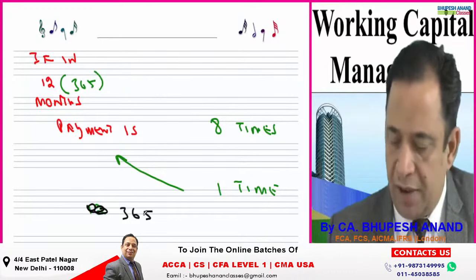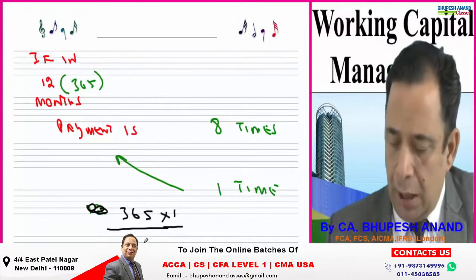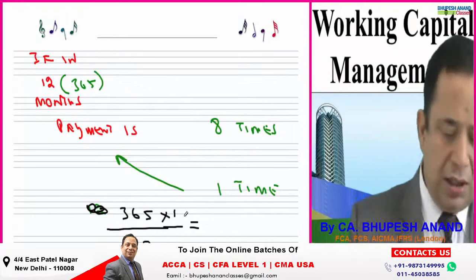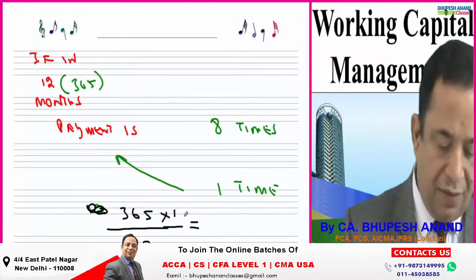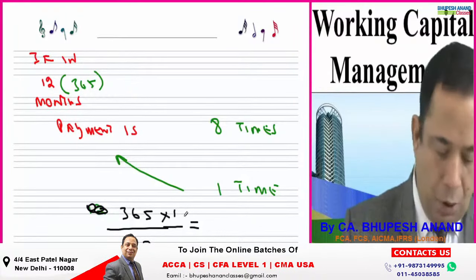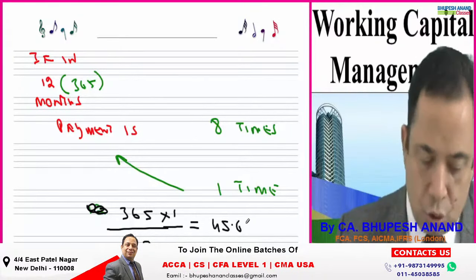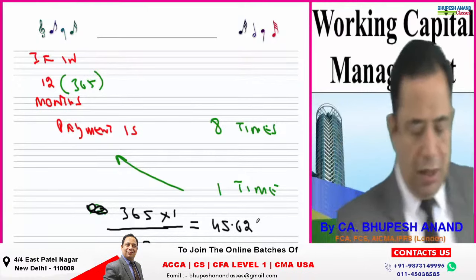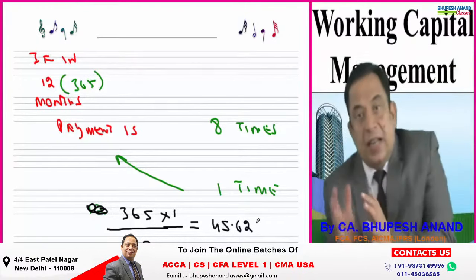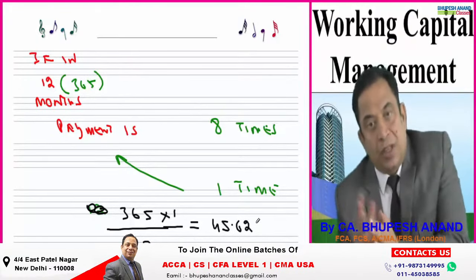So 365 into 1 upon 8. So this is the net result: 365 upon 8 comes to 45.62. It means they are getting a credit period of 45.62 days.